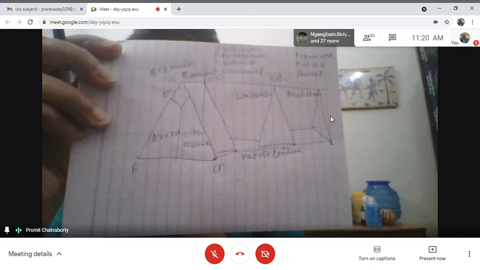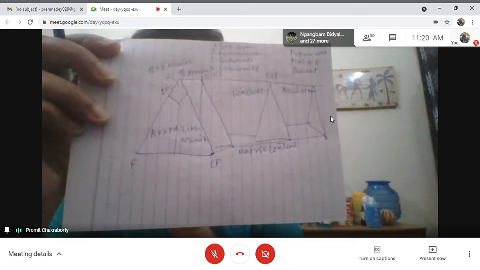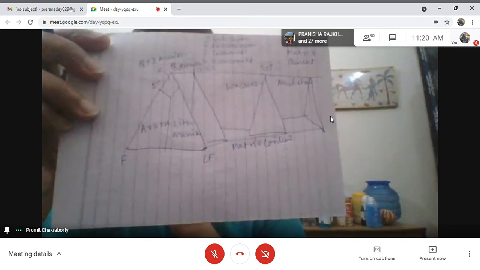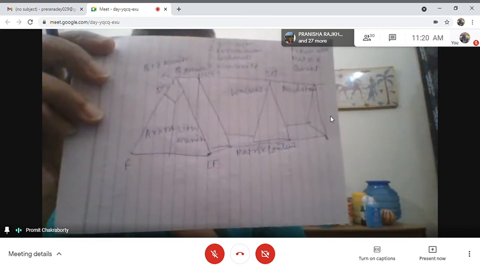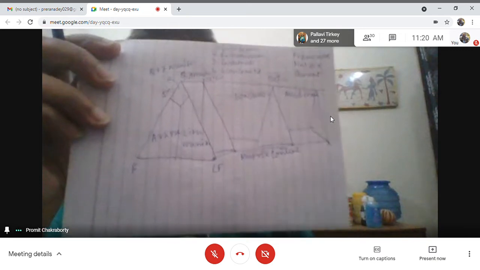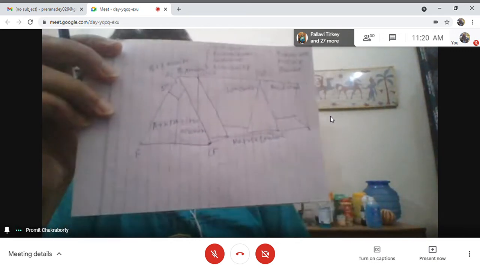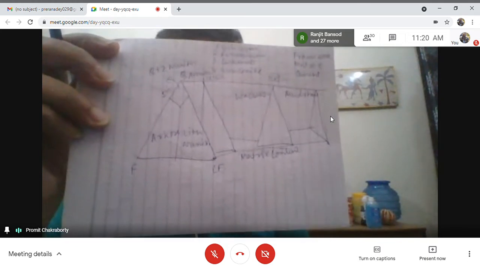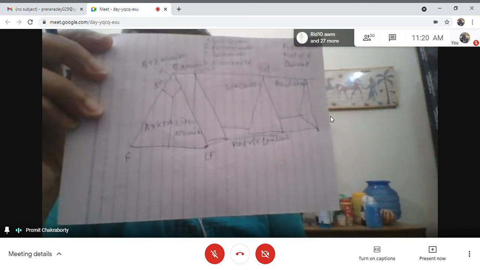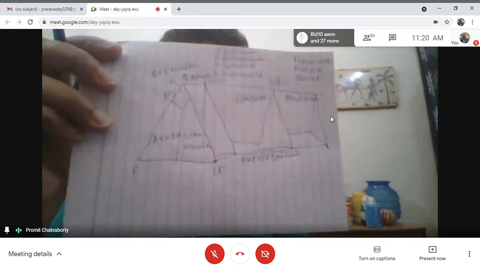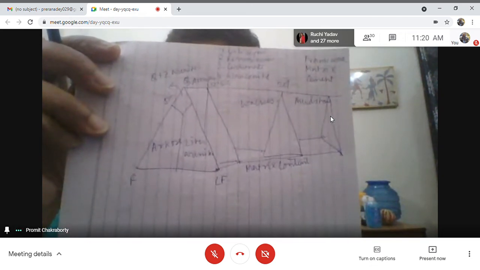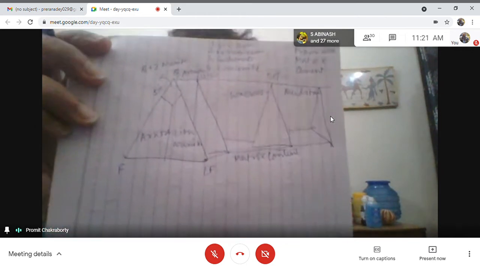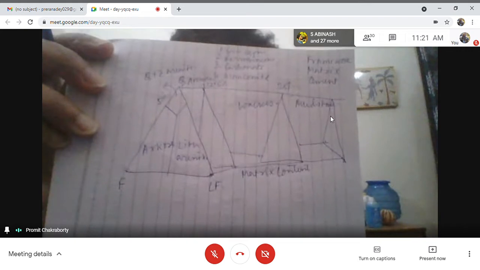Otherwise, you call it arkose if the feldspar content is more than 25%, or feldspathic arenite if it is more than 7 to 8% feldspar. Similarly, sublithic arenite and lithic arenite, and with more than 25% matrix content, it goes to mudstone. This is a very common diagram.